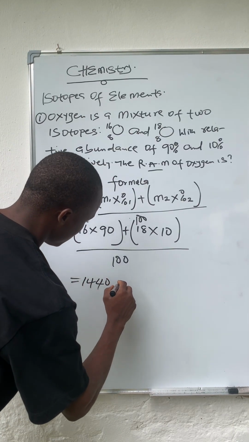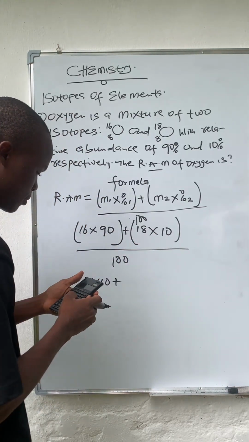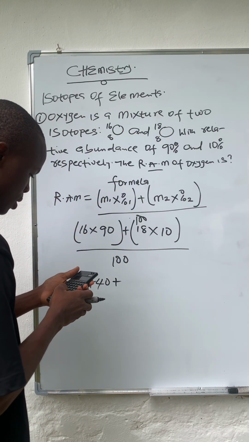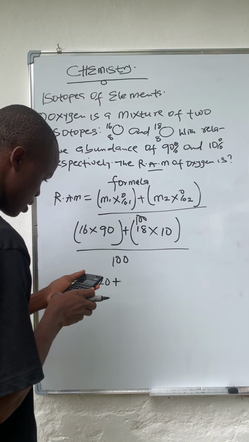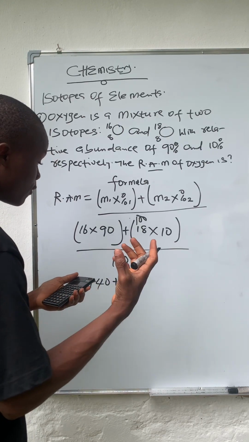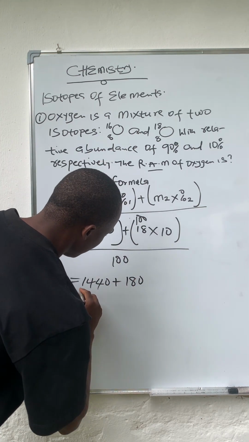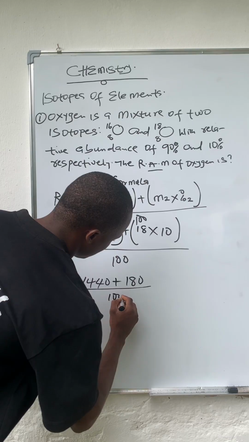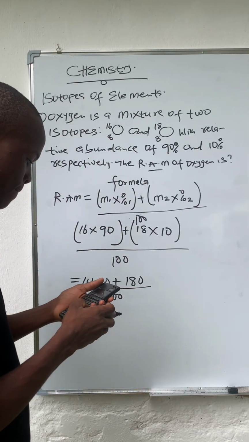Plus 18 times 10, which will give us 180. Do you understand? All in 100.